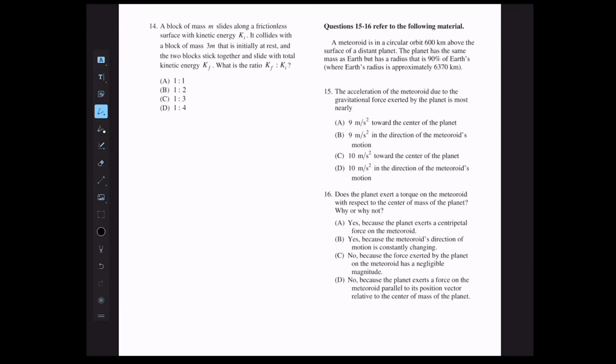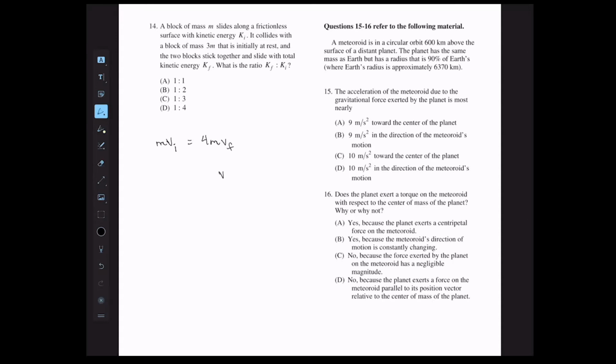A block of mass m slides along a frictionless surface with kinetic energy K initial, collides with a block of mass 3m, and they stick together and slide with the total kinetic energy. Let's say it's moving with velocity v, and then it collides and they stick together.